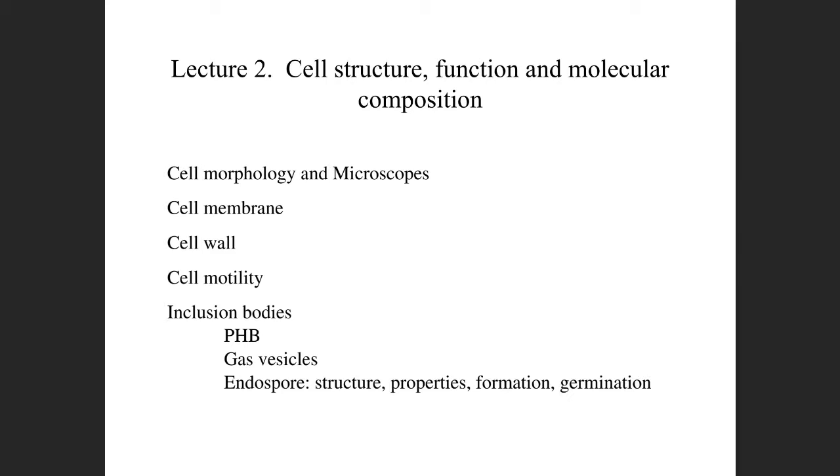So one way to think about this is to use this particular slide as the review outline. Close the book and say, okay, what did we talk about in cell morphology? What did we talk about in microscopes? You go through the questions, and then you go back to the textbook and your notes to see what we discussed.